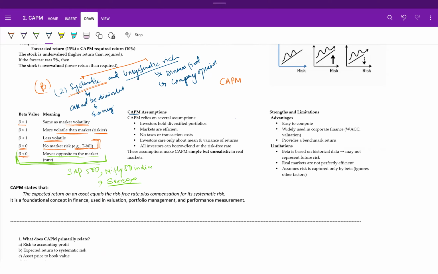If we talk about negative beta examples, because negative betas are rare, most examples come from United States markets or niche or defensive companies.